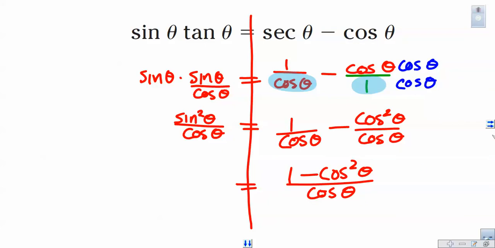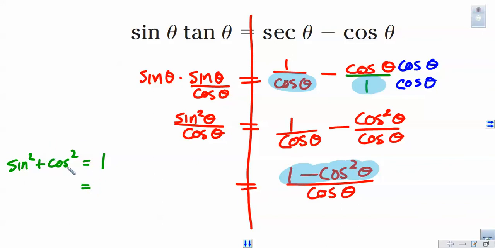Now that 1 minus cosine squared theta has got my interest. Why? Well, I'm thinking of the Pythagorean identity of sine squared plus cosine squared equals 1. Can I create a 1 minus cosine squared situation? I sure can. Or could I replace just this 1 right here with sine squared plus cosine squared? I could do it that way too.